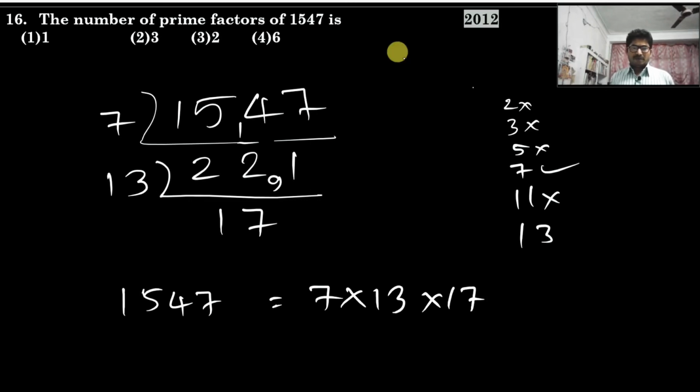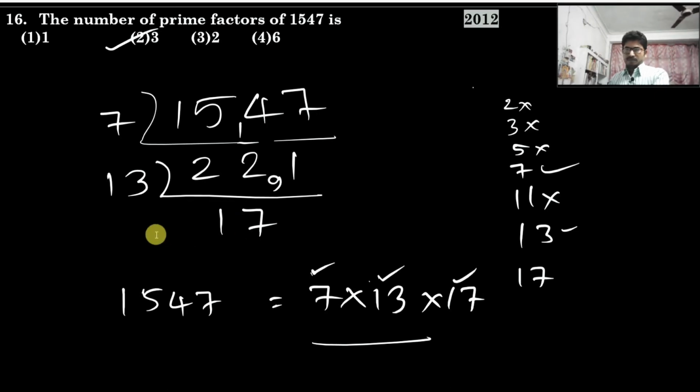So these are the prime factors. 1, 2, 3. So it has 3 prime factors. What are the prime factors? 7, 13, next 17 also. With 17 we automatically got the answer.